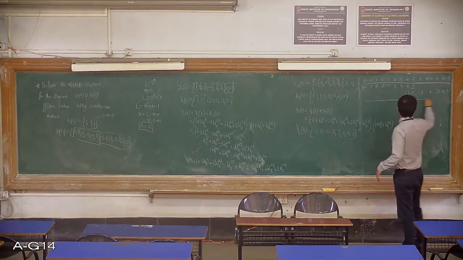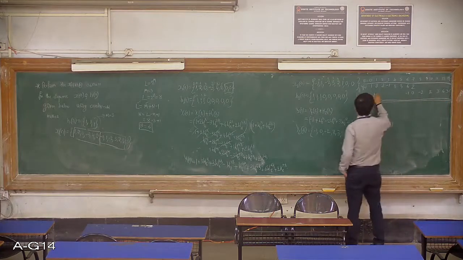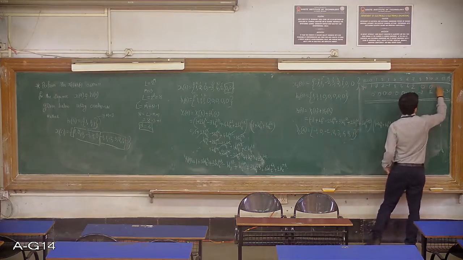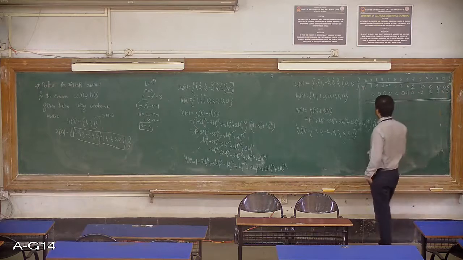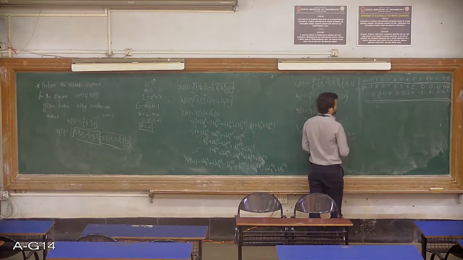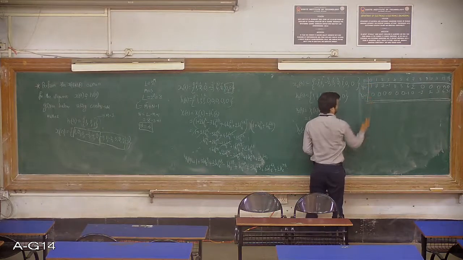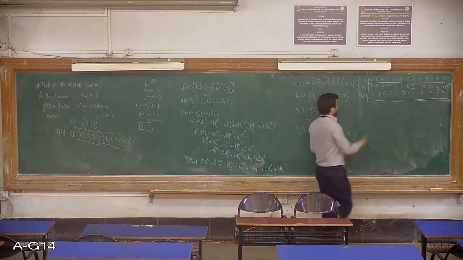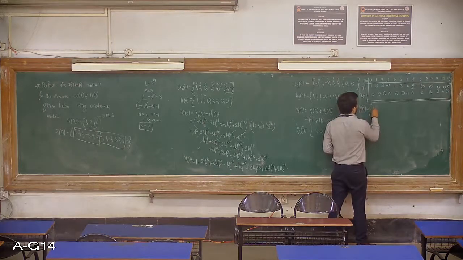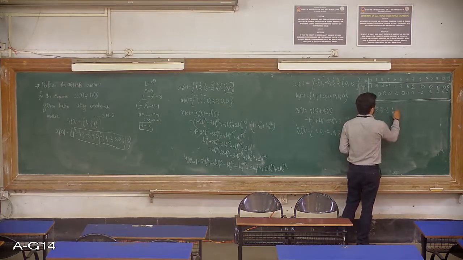Make the addition of these two signals. So here nothing is there, means you have to consider 0, 0, 0. So write the values. So this is nothing but y2 of n. So y of n is equal to 1, 3, 3, -1, 1, 3.